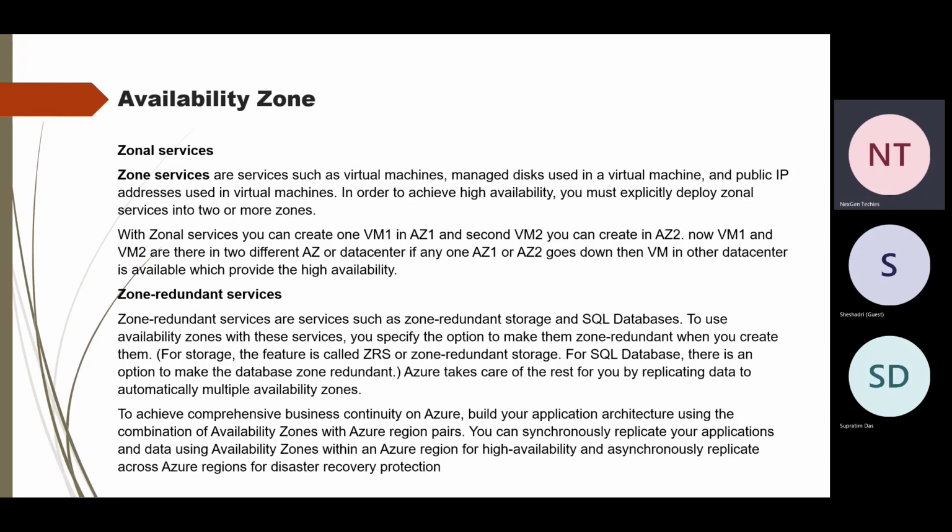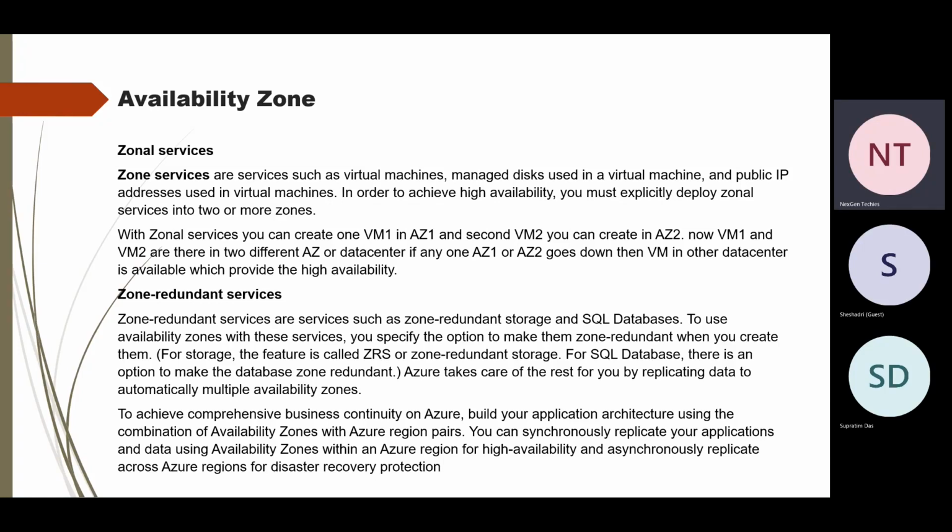With zonal service, you can create one VM in AZ1, Azure availability zone, sorry, availability zone. One VM in availability zone 1, AZ1 we call it, and then the second VM you can create in AZ2. VM1 and VM2 are there in two different AZs or data centers.